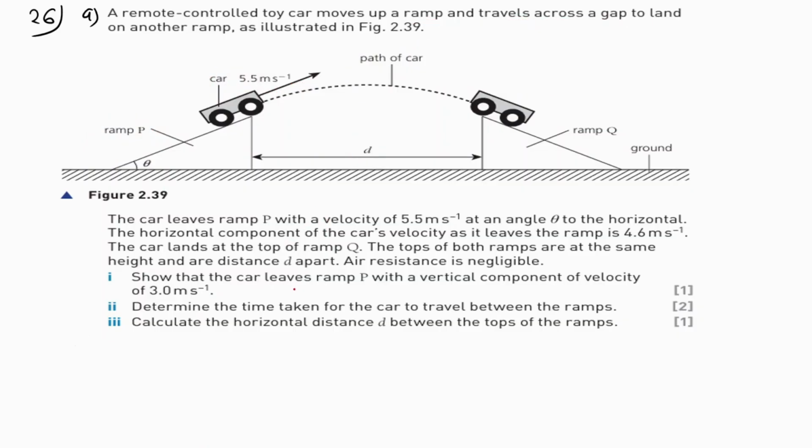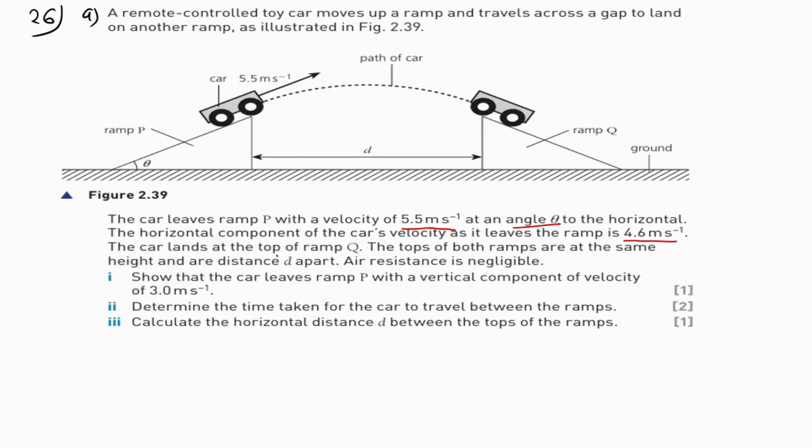So what they are asking: the car leaves ramp P with a velocity of 5.5 meters per second at angle theta. The horizontal component of the car's velocity as it leaves the ramp is 4.6 meters per second.